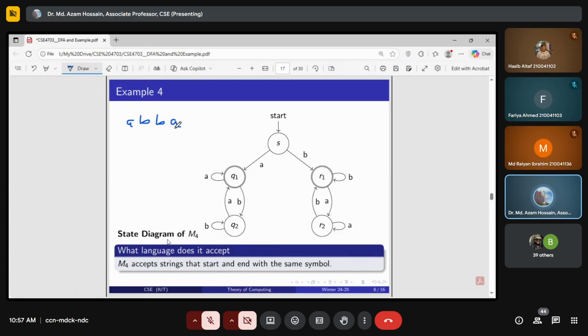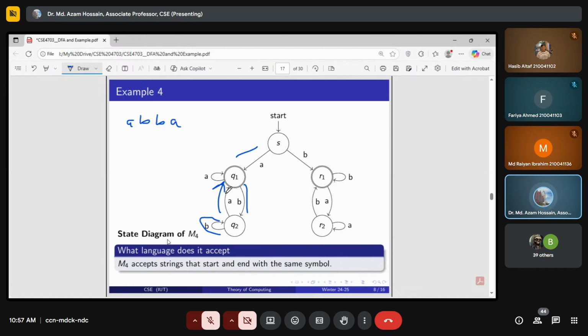It starts with A, ends with A, and there are multiple Bs. So start with A, come with this B, and loop with this B. So A, B, B, and then come back to this final state with A.